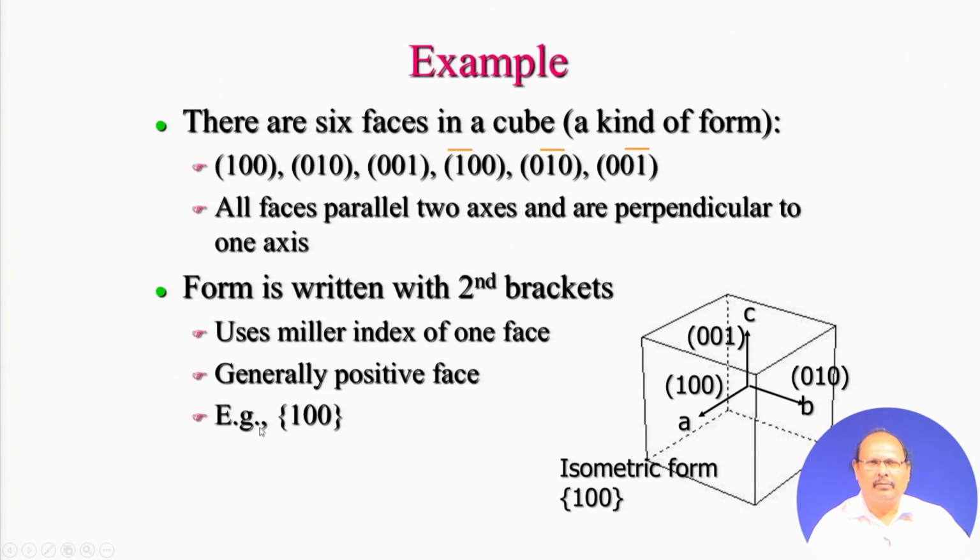In this form symbol, 6 crystal faces are related to each other, and they are 100, 010, 001, bar 100, 0 bar 10 and 00 bar 1. I will show you why this is so. This is the cube that we have already studied, and you know the 3 general faces: 100 is this, 010 is this and 001 is this, and we take 100 as the general form symbol here.